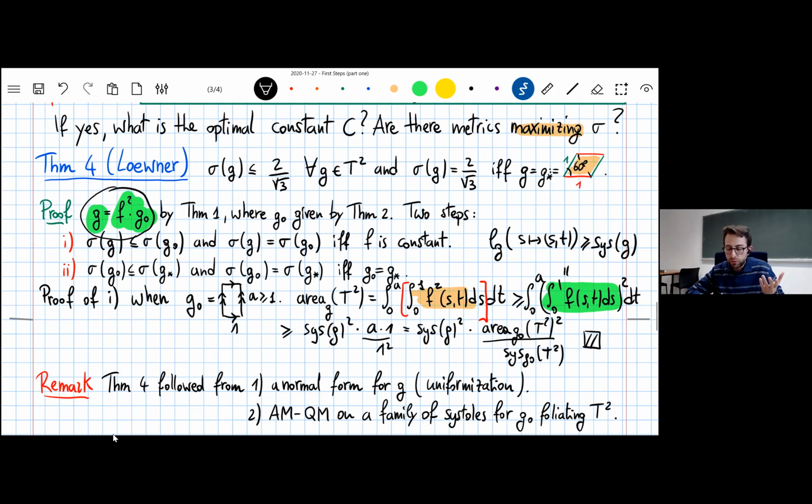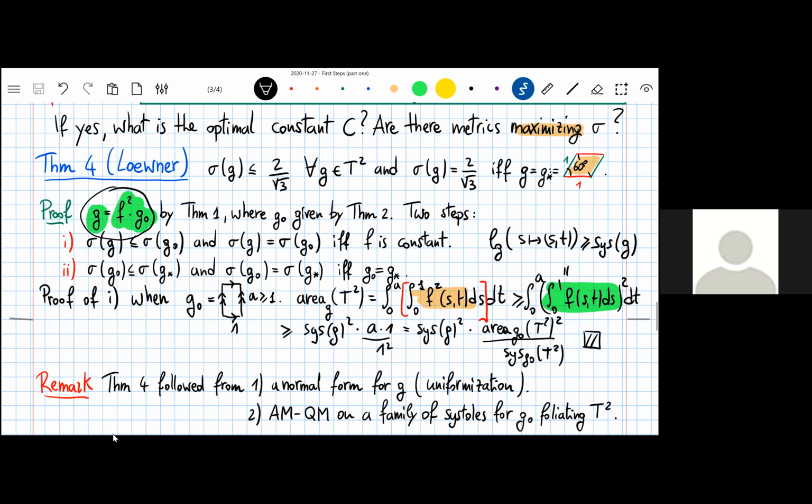So we have a normal form using uniformization. The second was that we used the inequality between arithmetic mean and quadratic mean on a family of systoles for G0 foliating T2. So the important point was that our systoles for G0 foliated the torus. Okay, and we will see in the next talk that this idea comes back also in the case of the systolic inequality in symplectic geometry.